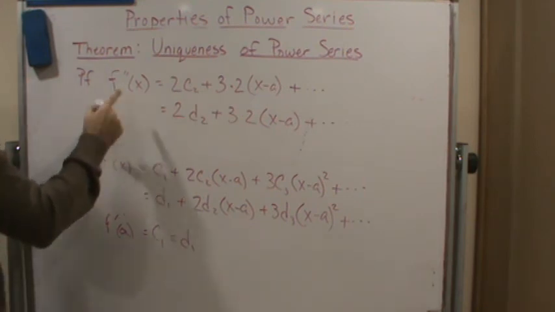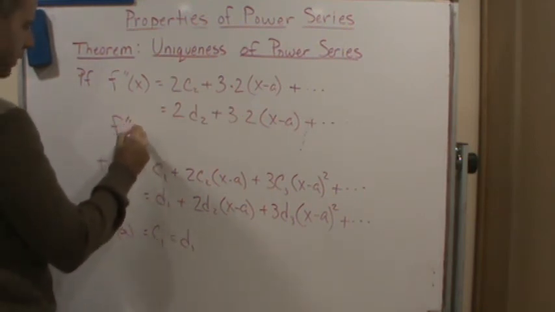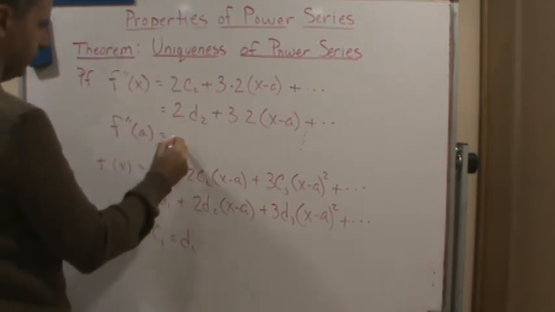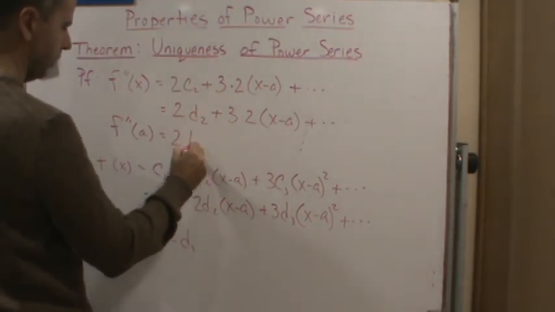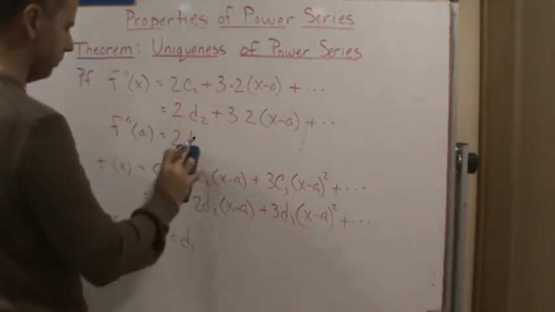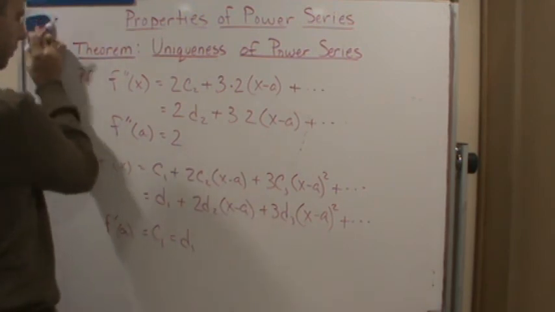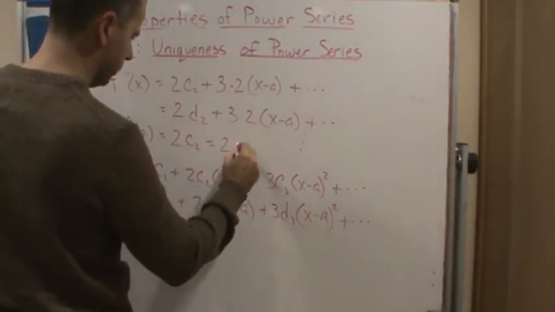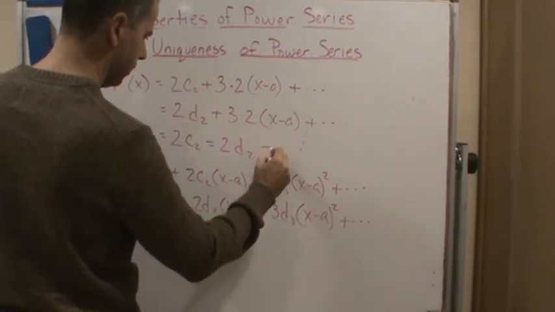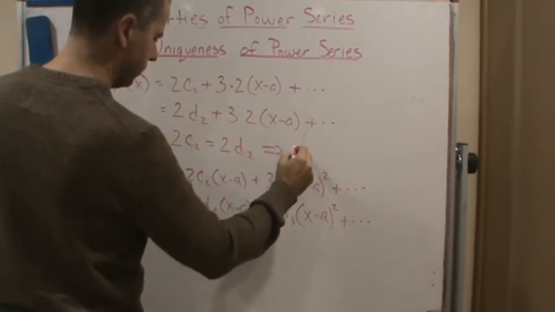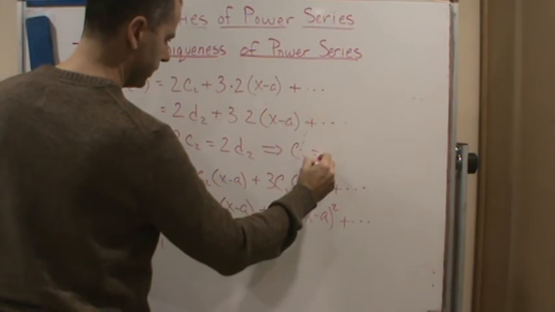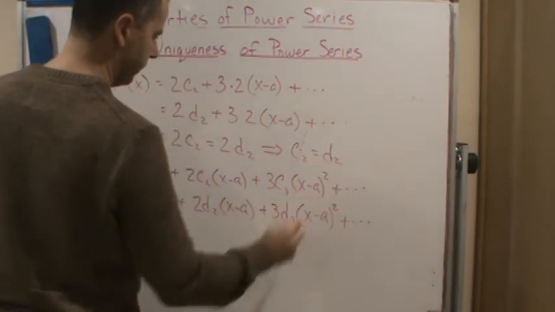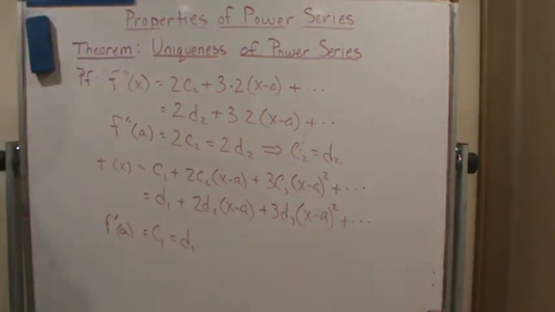Similarly, f double prime of a is equal to 2 c2, which equals 2 d2, which then leads us to c2 equals d2.